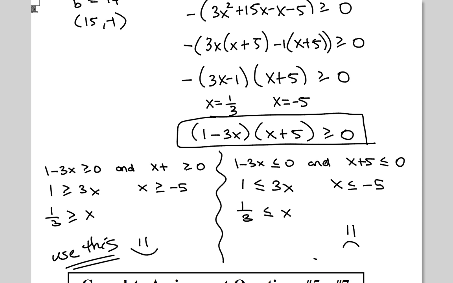So solution, number line, greater than negative 5. Close dot because of the greater equal. And then less than or equal 1/3. And then we want in between.